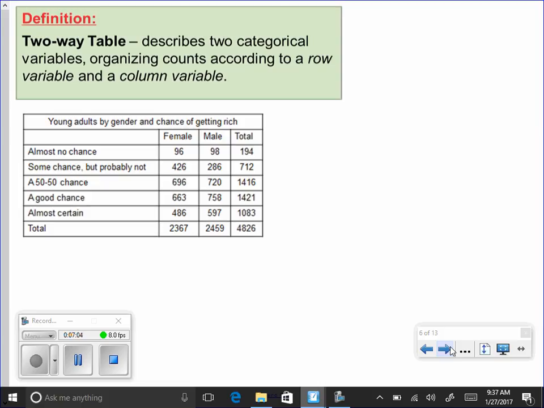The first variable is gender. The second variable is how they answered their chances of getting rich.